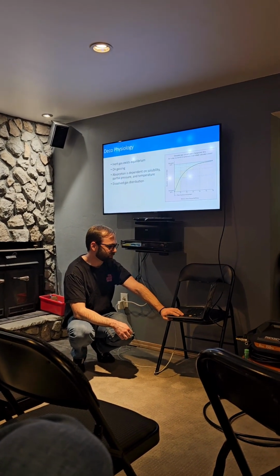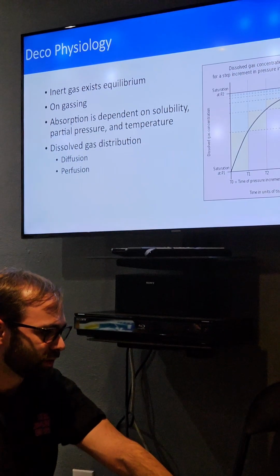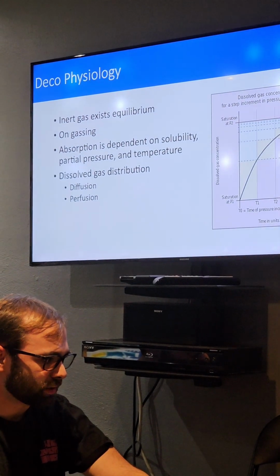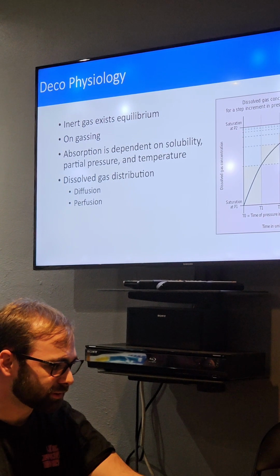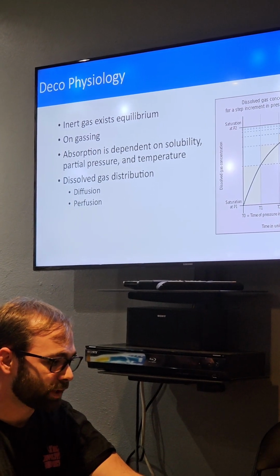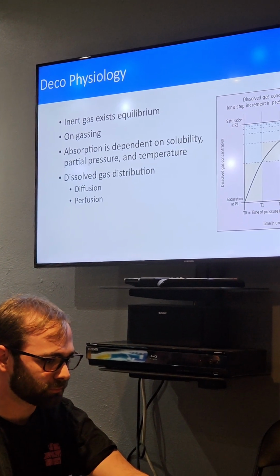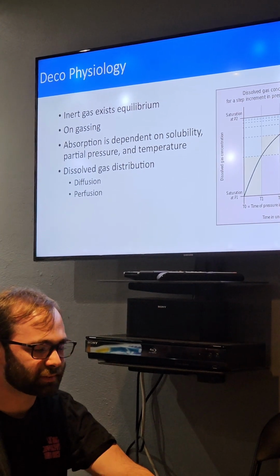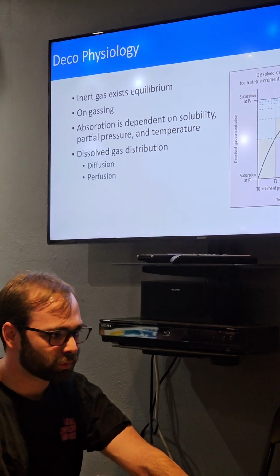On-gassing, absorption, dissolved gas distribution. So once gases are being absorbed into tissues, they need to be distributed to other tissue compartments, which is a lot of what Buhlmann did in the ZHL and Buhlmann algorithms.